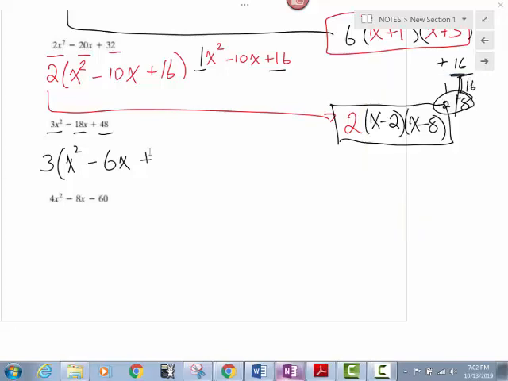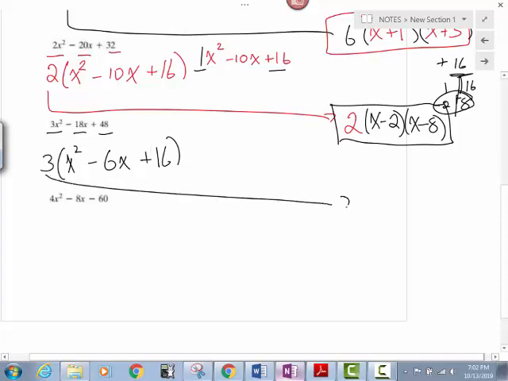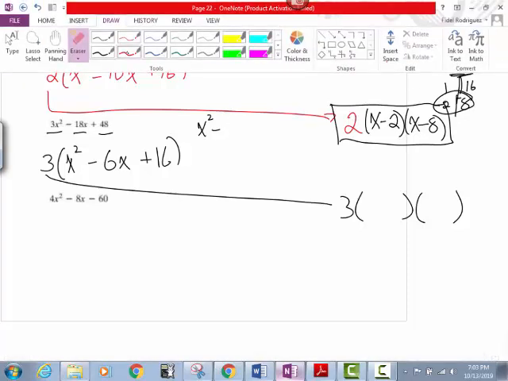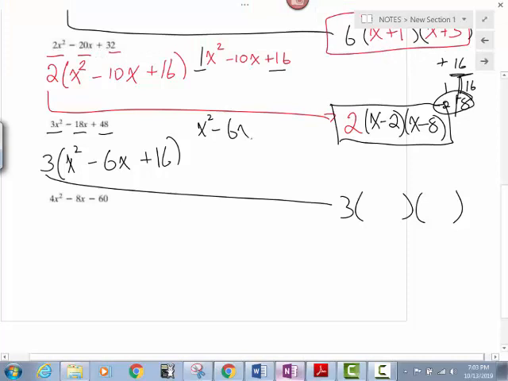Okay, so 16 times. So again, first step, let's bring down the 3. Okay, so now we have x squared minus 6x plus 16, right?